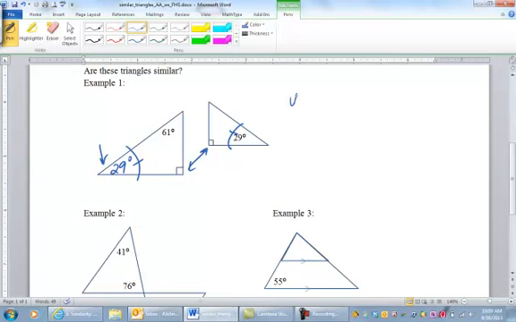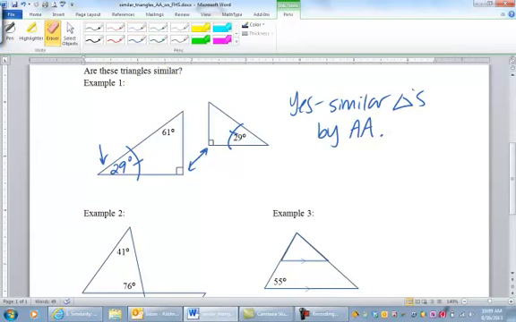So yes, they are similar, and we're going to state the reason by angle-angle similarity. When you get into other lessons, there are other options, kind of like when we did congruent triangles. There are more options besides AA to prove triangles similar, so that's why you want to give a reason. In this section, we're just talking about AA.